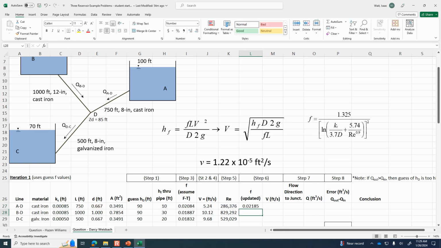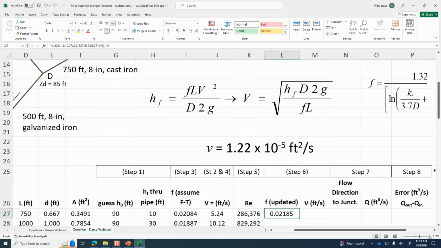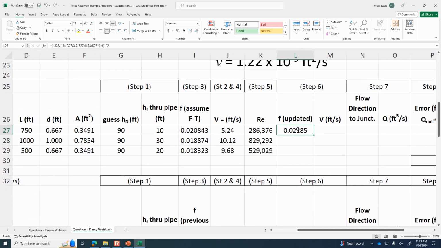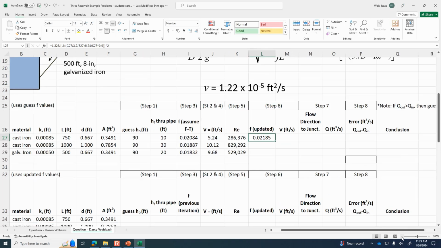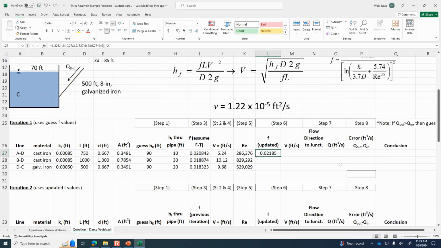I think I can make this bigger. Let's see. Well, let's look at how different our f value is now. It didn't change a lot. It changed a little.